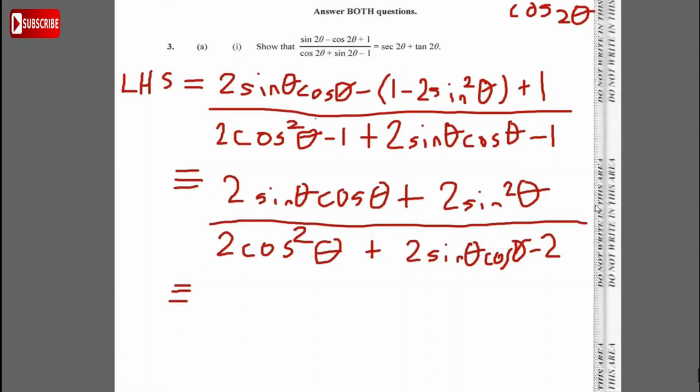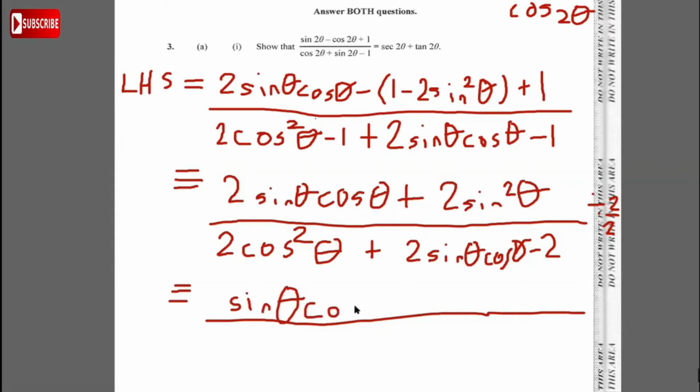Getting rid of the 2's, the numerator just leaves me with sine theta cos theta plus sine squared theta.